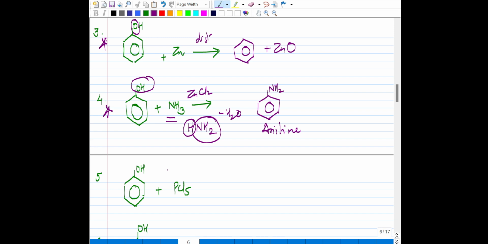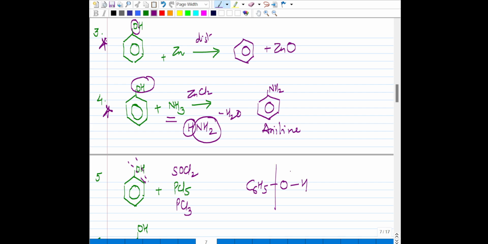Okay. Next, we take up what happens when phenol is treated with PCl5, or it is treated with SOCl2, or it is treated with PCl3. Such case, always remember, the bond breaks along oxygen. Okay, so what will happen if I write like this? C6H5OH.